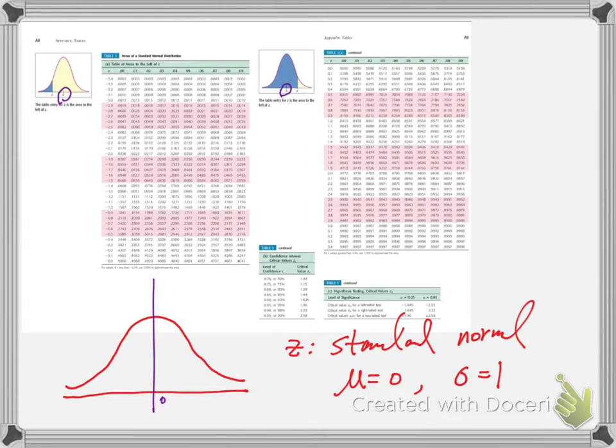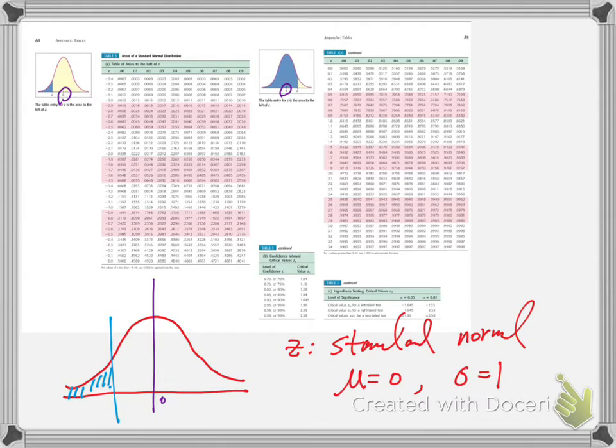So now what do the numbers in this table mean? If you cut this whole graph into two parts, then the area to the left of the cutting line is in this table 3.